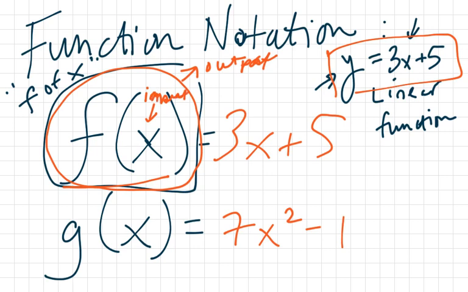When our input is x, f of x represents our output. So on our tables, we might write x and f of x instead of x and y. But f of x just replaces y. It means the same thing. What is our output?